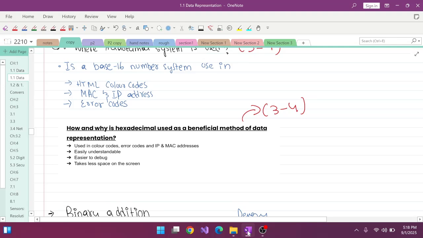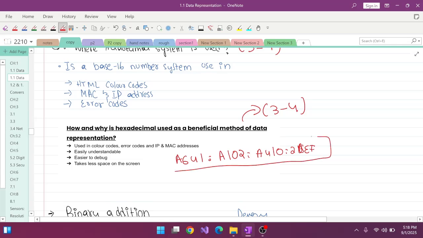So the example can be like A641, A102, A410, and 2BEF, like this.